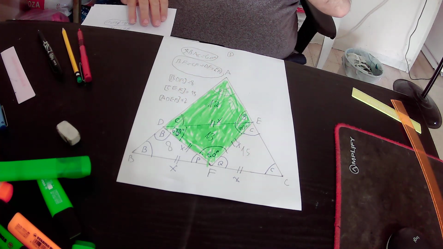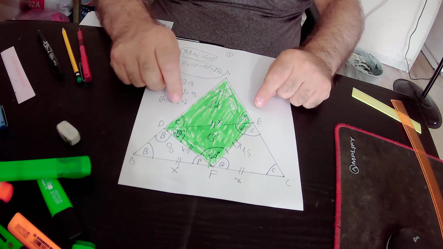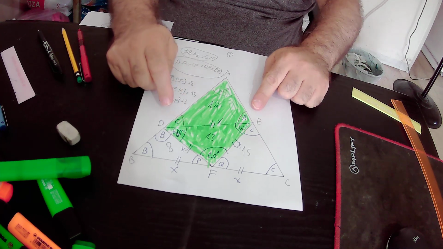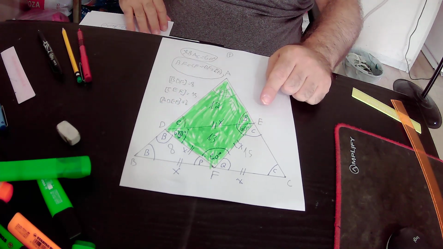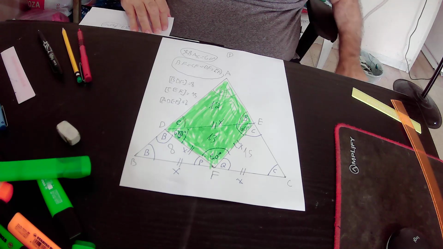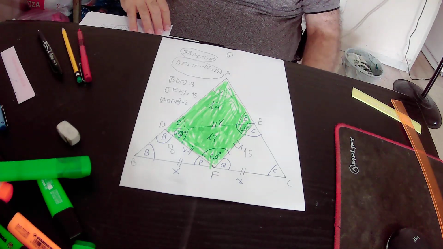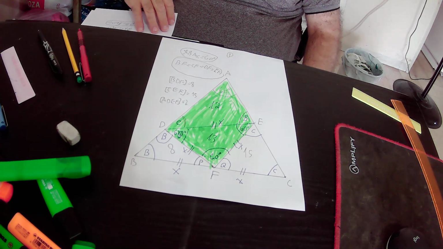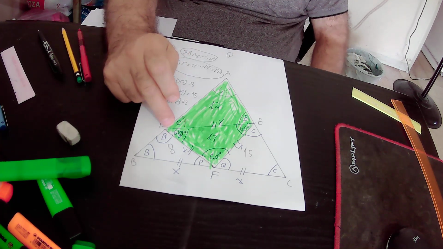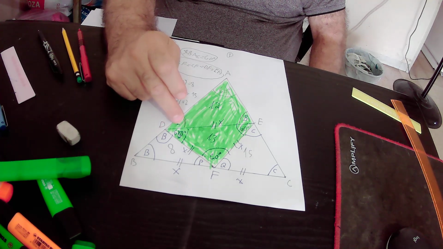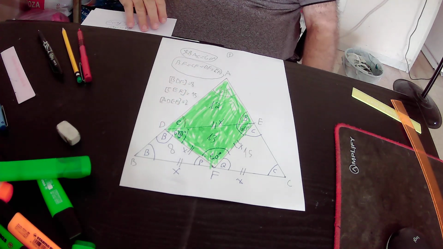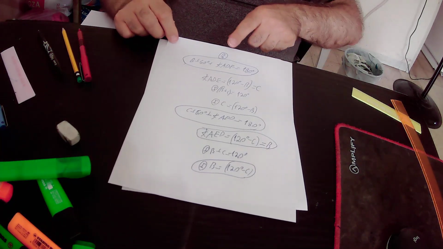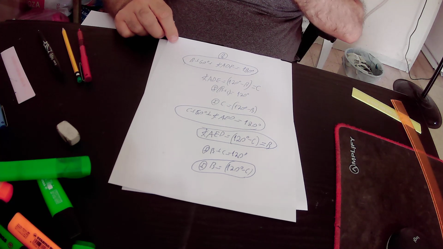Okay, and then we calculated the size of these angles in triangle ADE, and according to rule number 3, that states that the sum of the angles on a straight line is equal to 180 degrees, angle B plus 60 degrees plus angle ADE must be equal to 180 degrees.